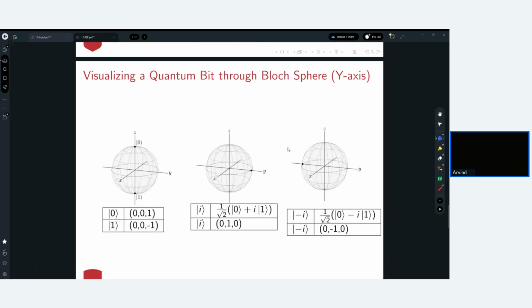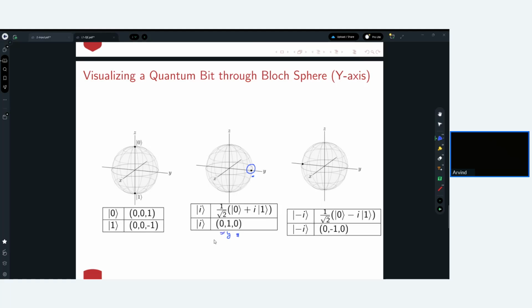Now let us denote some more points on this Bloch sphere. Here I am referring to the point where the positive y-axis cuts the equator. The y coordinate of this point is 1 and the x and z coordinates are 0.